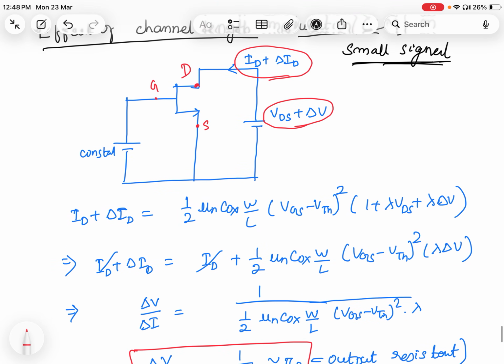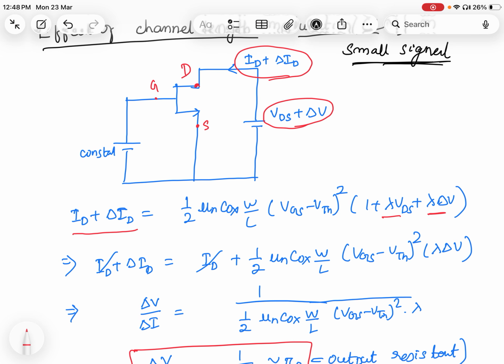So now if we write down the current equation with channel length modulation, ID plus del ID, we know that it is 1/2 mu n COX W by L (VGS minus VTH) squared. Previously we had 1 plus lambda into VDS. Now the VDS becomes VDS plus del V, so lambda is multiplied with both. Lambda is the channel length modulation coefficient.